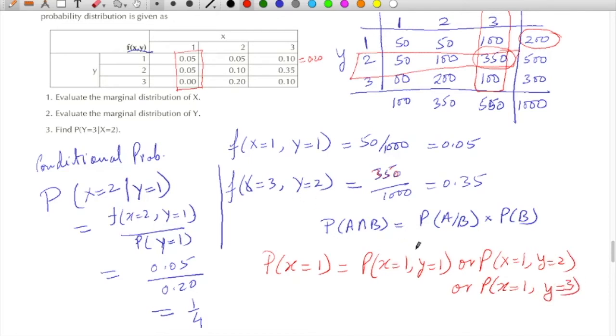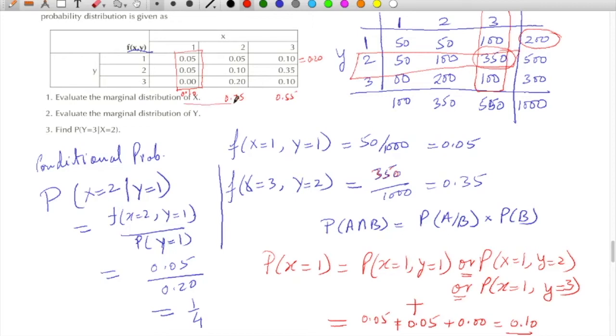Now in this case, or is replaced by plus. So this is 0.05 plus 0.05 plus 0.00, which is 0.10. Here it will be 0.35. Here it is 0.55.